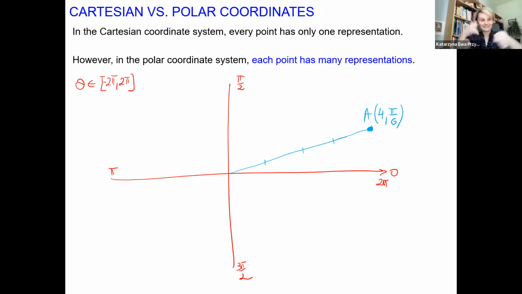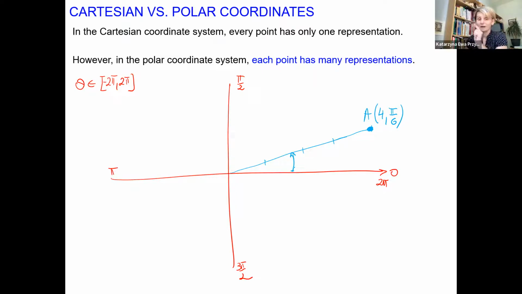We will not go further, like 4 pi, 3 pi. Just using all of the positive notation between 0 and a full revolution, and between 0 and a negative full revolution, 2 pi. Using the positive angle, I can say that's the angle.